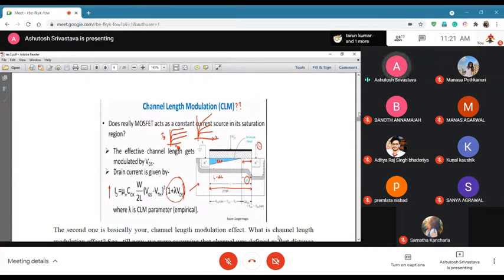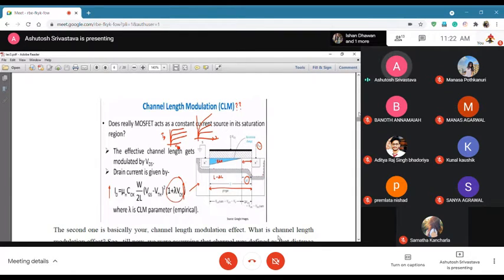Whether it's a short channel or a long channel, we will define what exactly a short channel is at a later stage. Whether you talk of short channel or long channel, these phenomena in the MOSFET transistor come into being. So the other secondary effect in your transistor configuration is the channel length modulation.